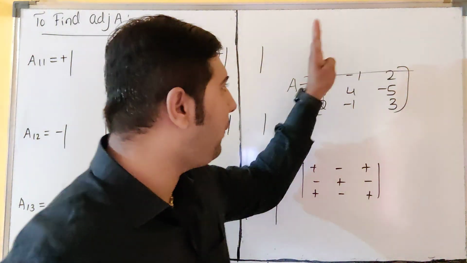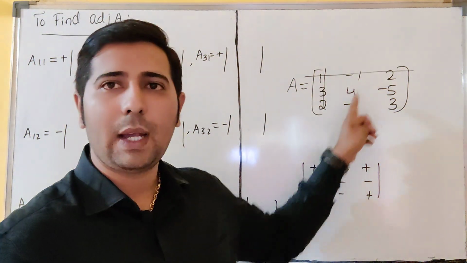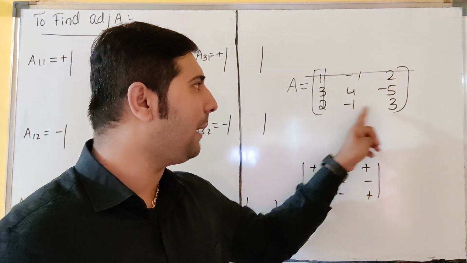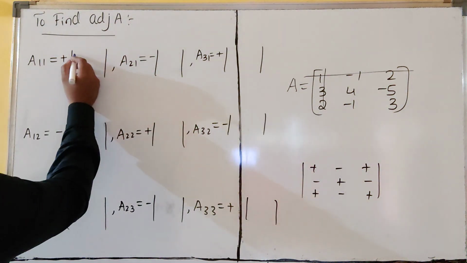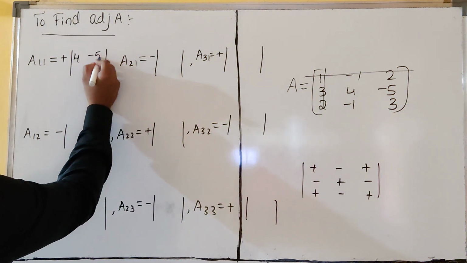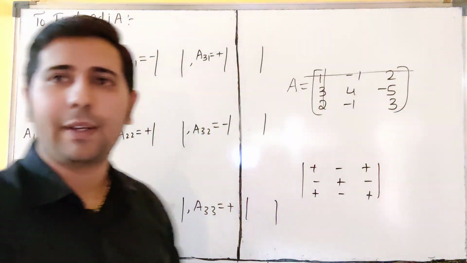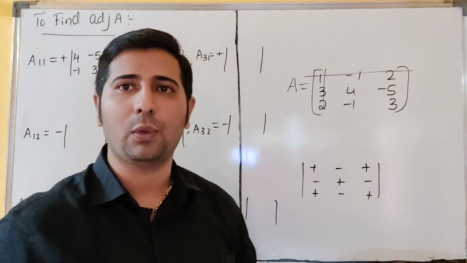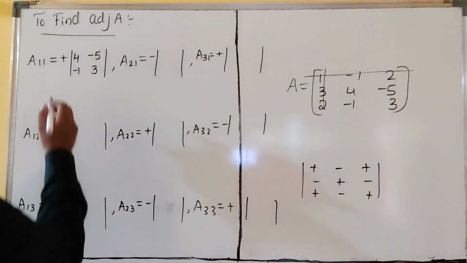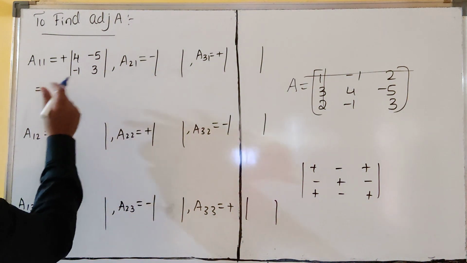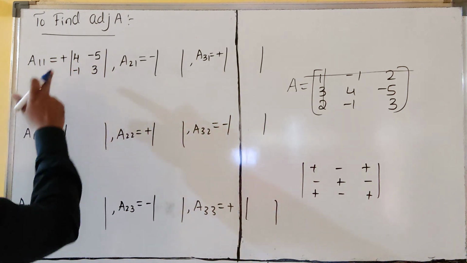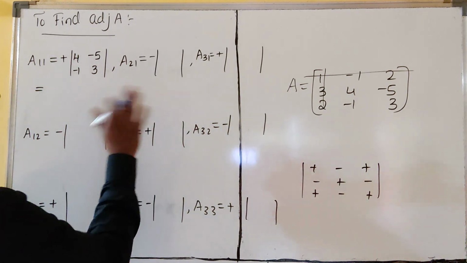What are you left with? 4, minus 5, minus 1, 3. Understood everyone? And now you simplify this one. We will simplify one by one. Plus sign is there. You write or you may not write, doesn't matter.